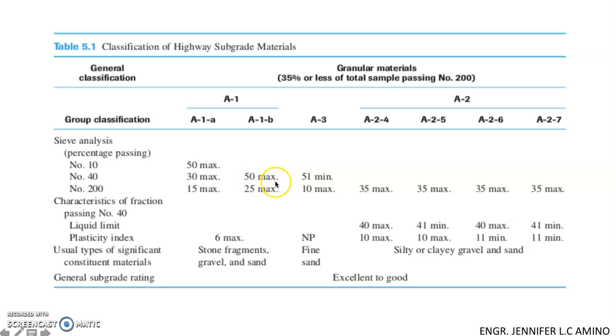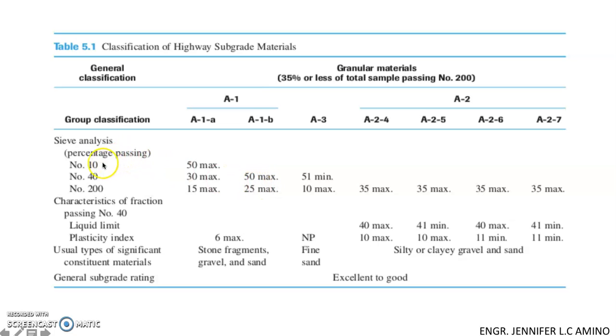This is 50 maximum, so it can be classified under A-1-B because your number 40 sieve analysis passing is 40%. Since it passes, it is classified as A-1-B. So for that soil sample, the classification is A-1-B.